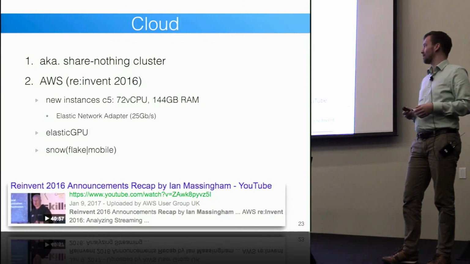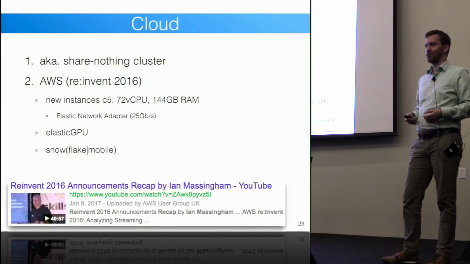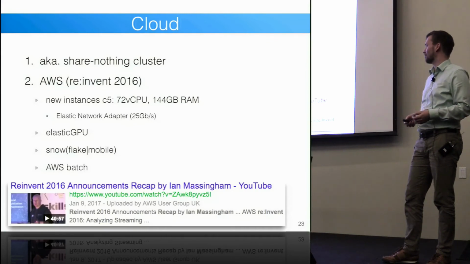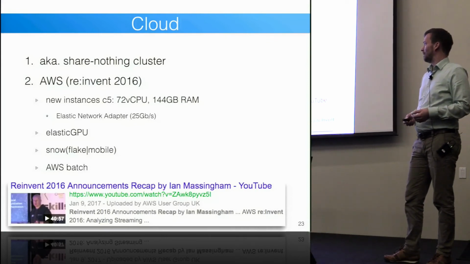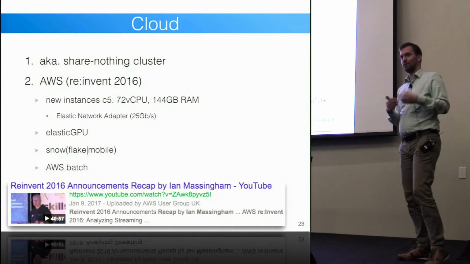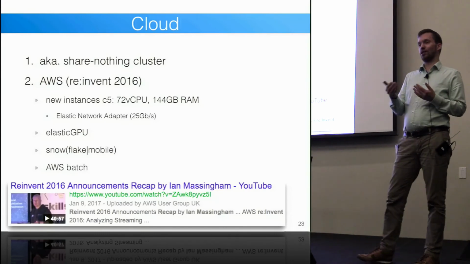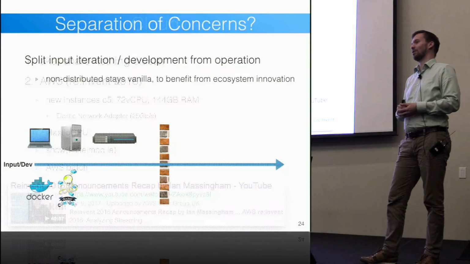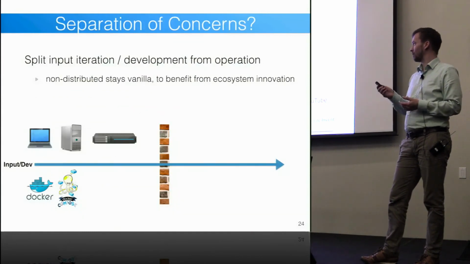So if you have a lot of data you want to store, you just order one of these Snowmobiles, put 100 petabytes in there, and then send it off to the cloud. Also a cool idea. And then they introduced AWS Batch, which is a batch system that you can use to schedule workloads. So it's like a resource scheduler on the cloud. Haven't used it, but it sounds interesting.